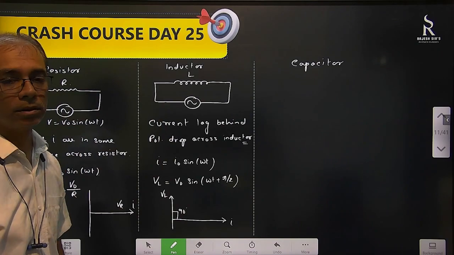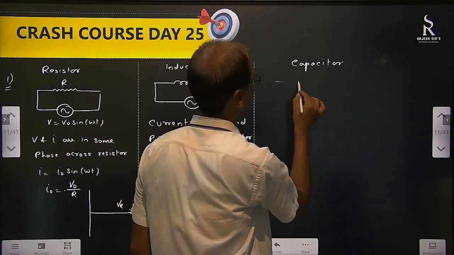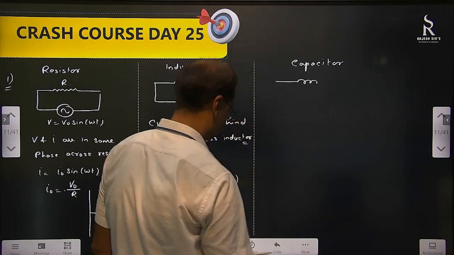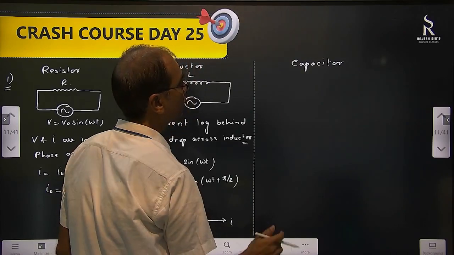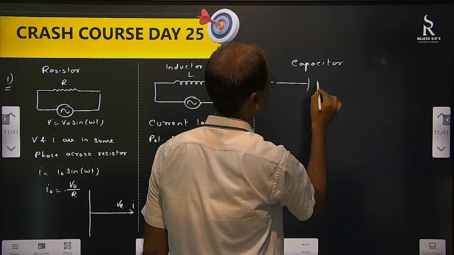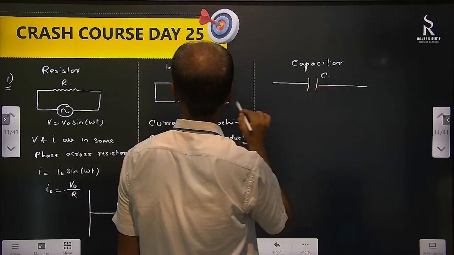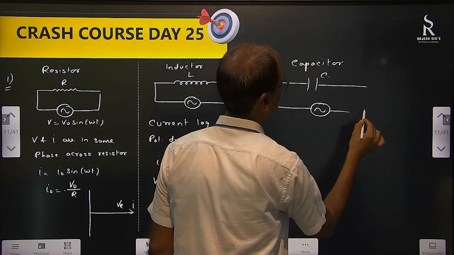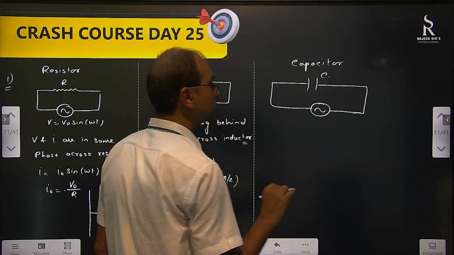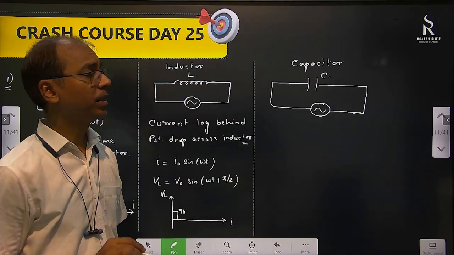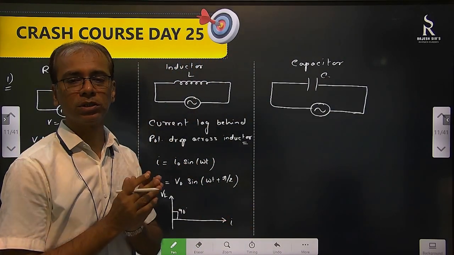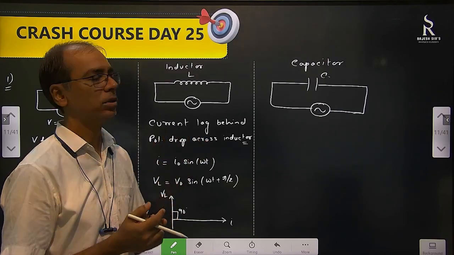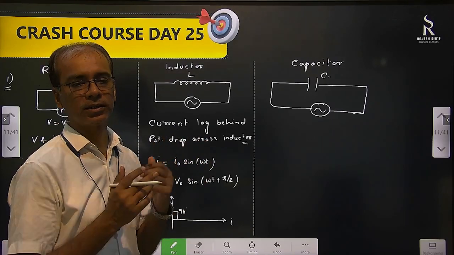Same thing for capacitor. Capacitor, this is not inductor. So capacitor is like this, C, and we are connecting it across an alternating source. Now what happens in capacitor? As you connect it with the source, it starts charging. So when charging starts, immediately current has come.